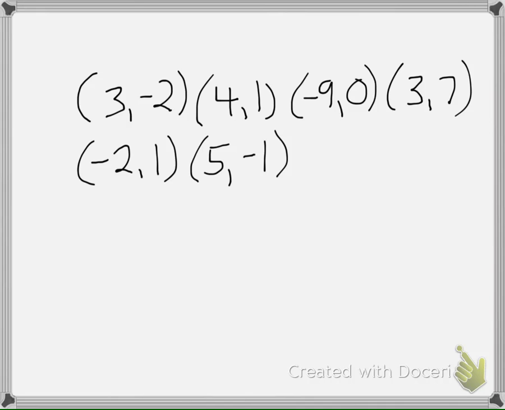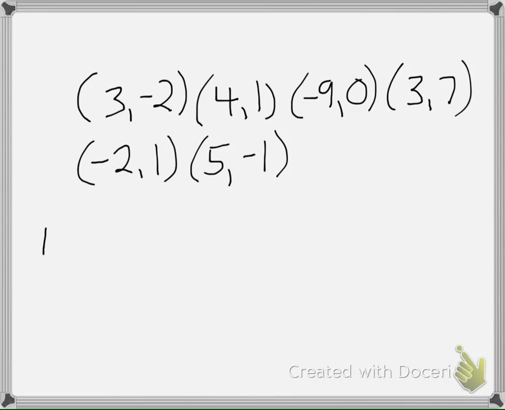One thing that we need to be able to do is to determine whether or not this is a function. Now, again, definition of a function is every element of the domain is paired with one element of the range. So the first thing we need to know is what is the domain and what is the range.